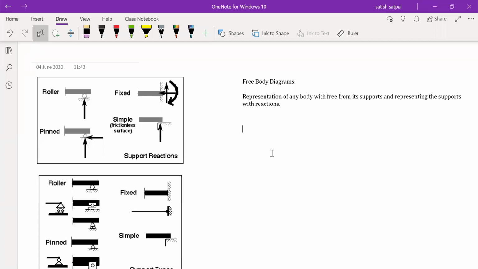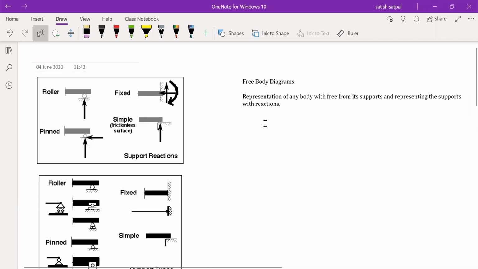And ultimately we can see whether the structure or any body is in equilibrium or not. All the forces, or the summation of reactions and forces, should be zero to have the body in equilibrium. That's why understanding the free body is very important. And to analyze the free body diagram, we should clearly know the supports and what reactions are present at each support. Correct.